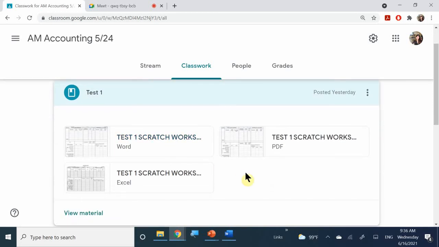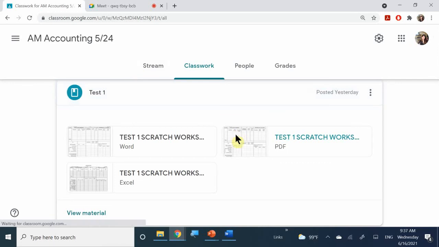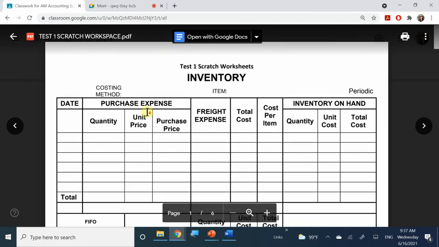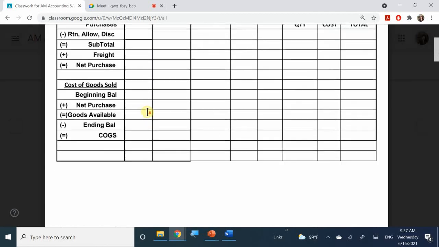I've uploaded a Word document, a PDF, and also Excel. Whichever preference you like to use, this is your scratch worksheet. And if I pop up my PDF, something I can print out, let's see.